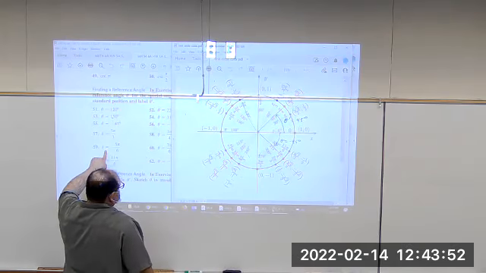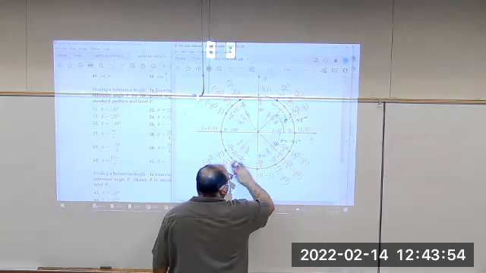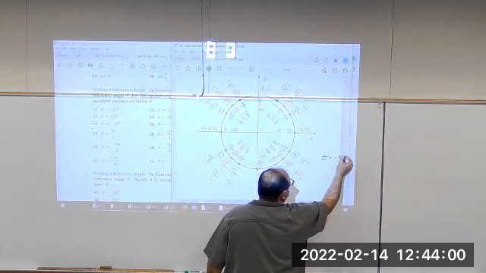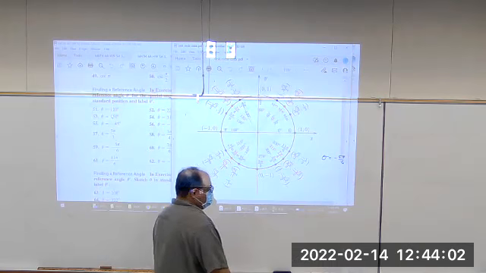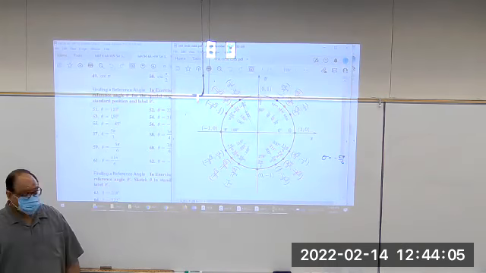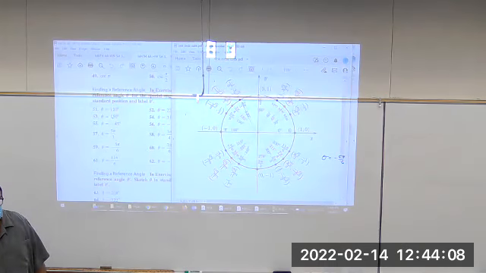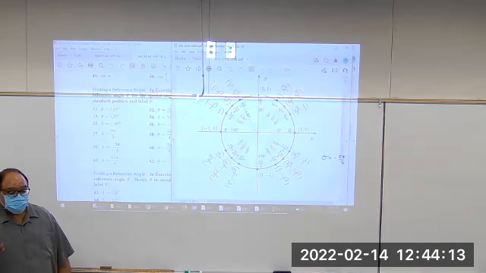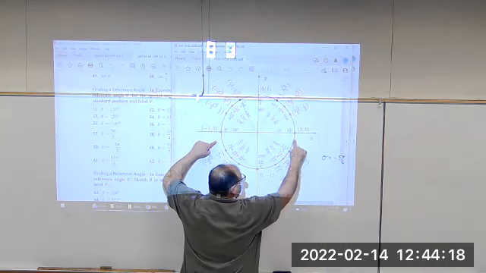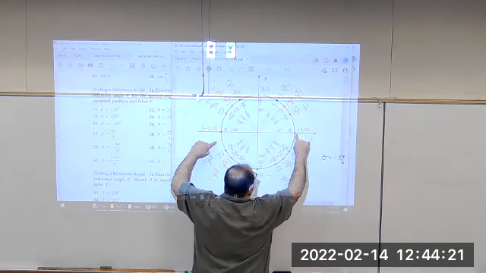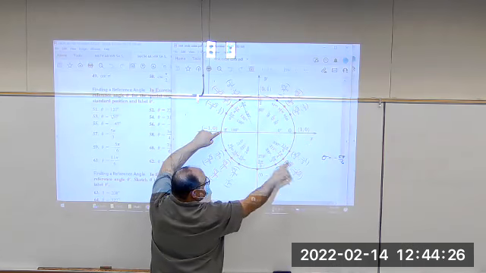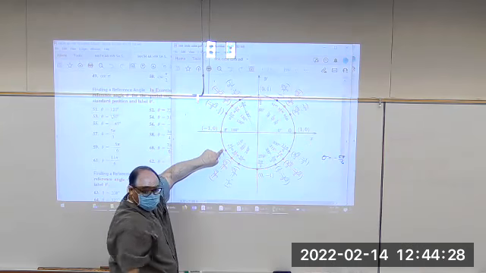Negative 5 pi over 6. What quadrant is negative 5 pi over 6? Which one? 2? No. 3. First of all, 5 over 6, that's less than 1, right? If I'm going in the clockwise direction because of the negative, this would be negative 1 pi. So 5/6 is less than that. So I'm going to stop short.